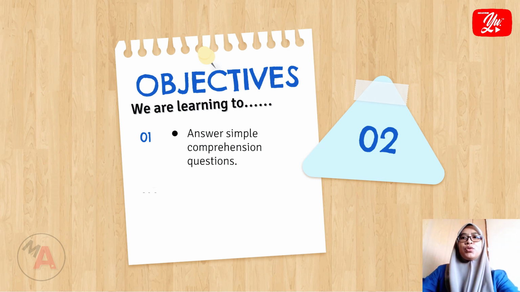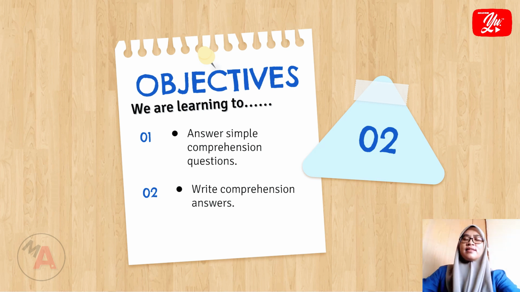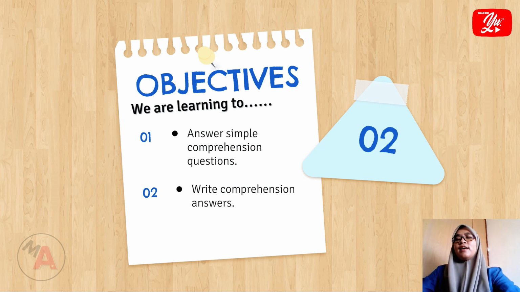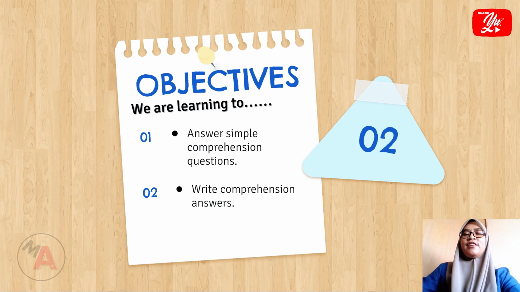Number 2, you are going to be able to write the answers in the Google form that I will include in the description later. So here are our 2 objectives. Number 1, you are able to answer simple comprehension questions, and number 2, you are able to write your answers in the Google form.